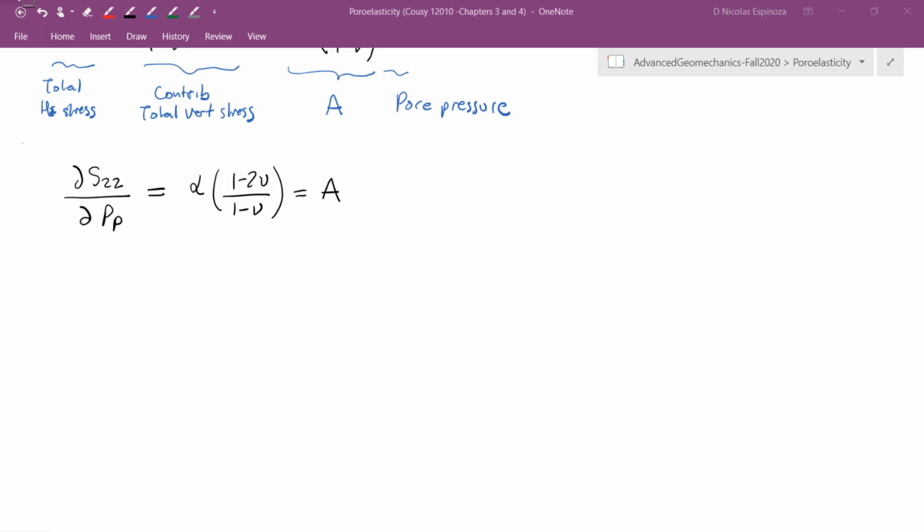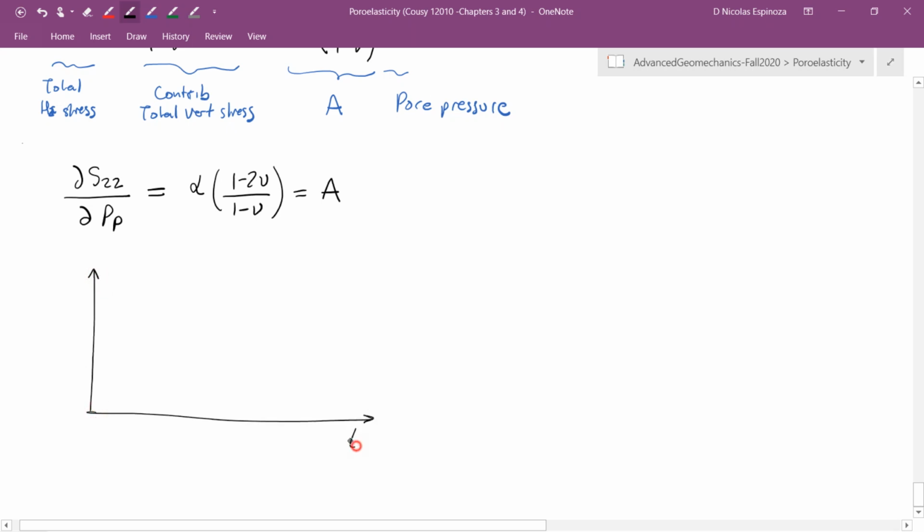In this case, as a function of time, we are going to have, let's say, a constant vertical stress, S33, which in our example is SV. And here, in these conditions, the pore pressure, let's say it is somewhere over here, and is going to decrease with time.